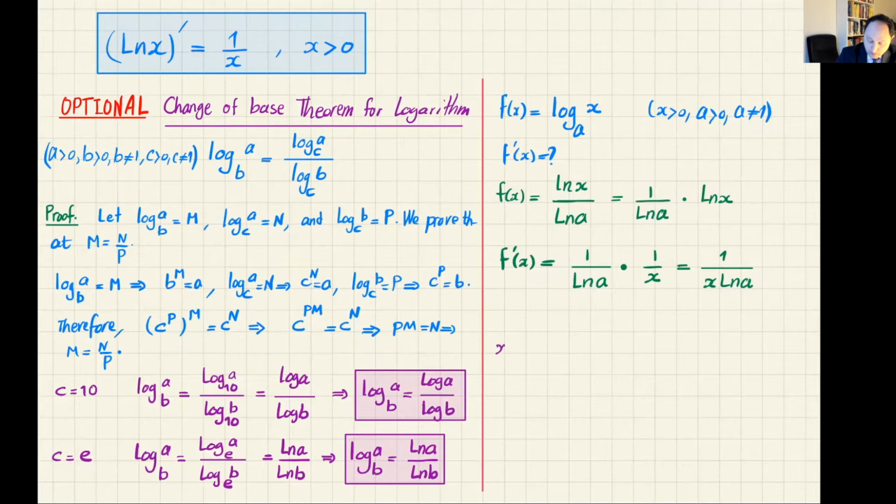If x is positive, if a is greater than 0 and not equal to 1, then the derivative of log of x in base a is simply 1 over x ln of a. Yes, so this is something good to know.